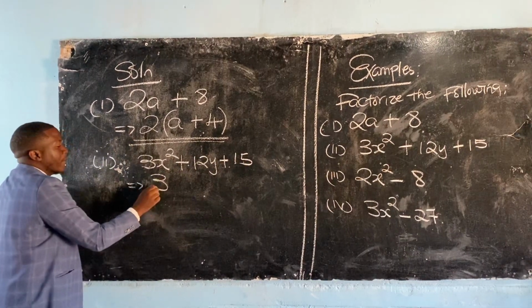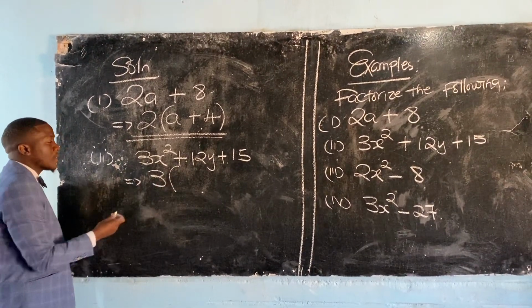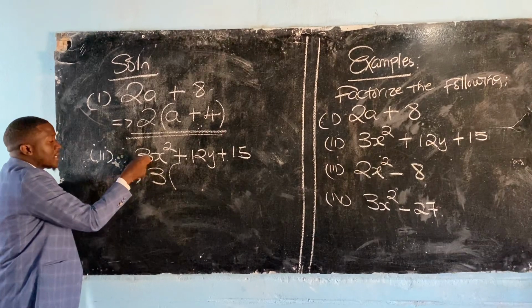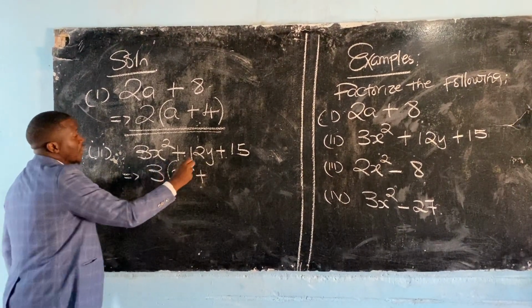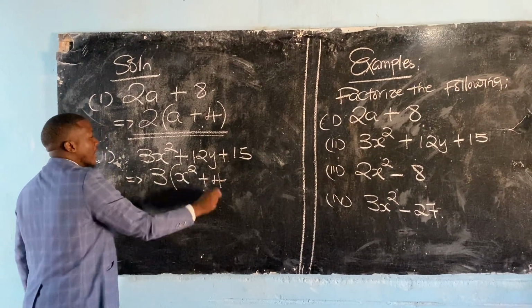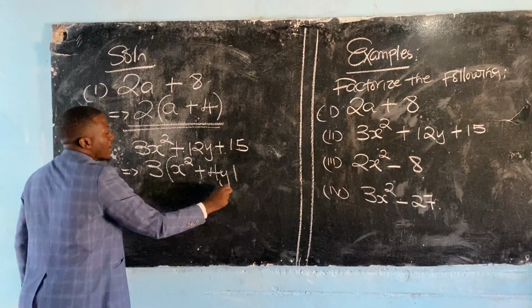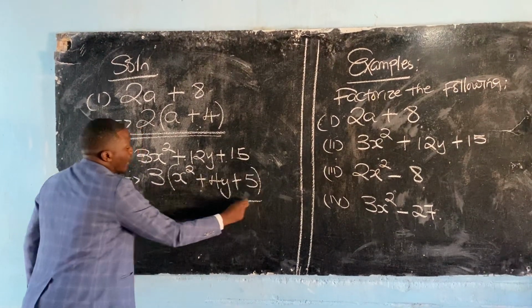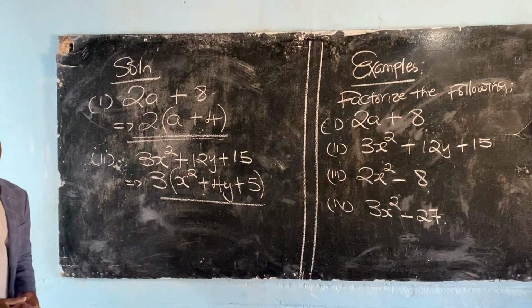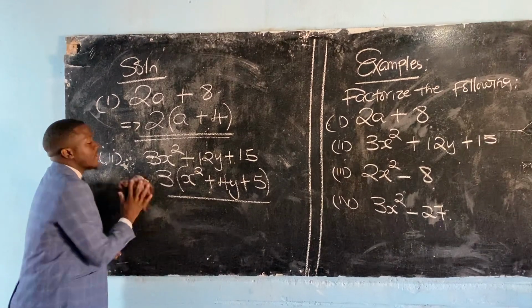And the number is 3, and we open the brackets. We say 3 into 3 cancels, thereby leaving x squared, plus 3 into 12 is going to give us a 4, and then with a y. Then plus 3 into 15 is going to give us a 5. Having done that, it simply means we have factorized successfully.